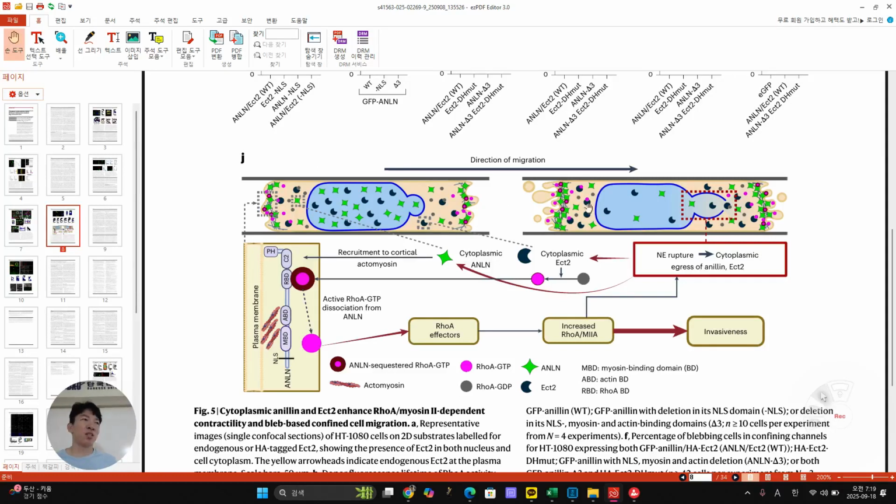In that case, you can say this cell can be like a super migrating cell. And maybe, let's say you are a cancer cell, and when they're confined again, probably this anillin Act2 is permanently localized more in the cytoplasm, and then they can migrate anywhere. Yeah, we can imagine like that.